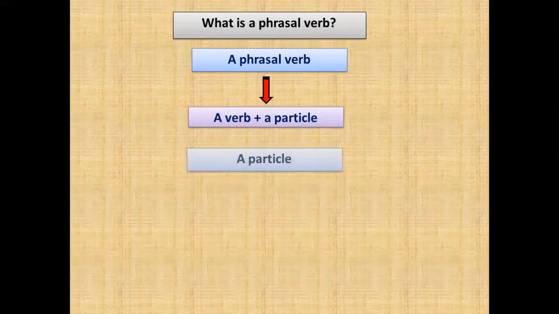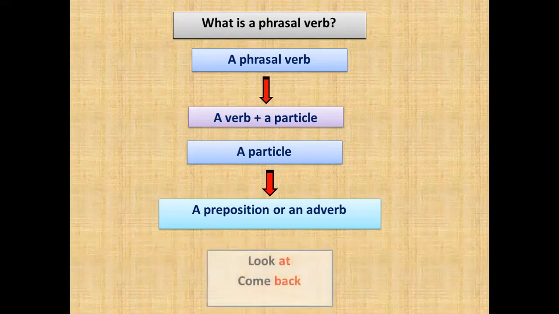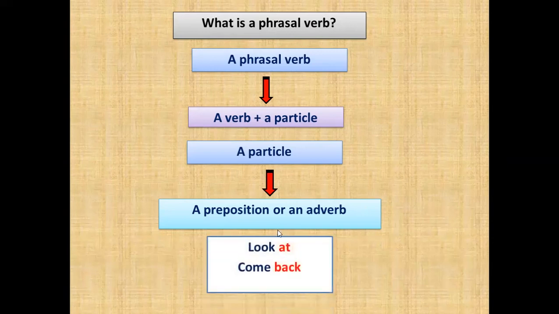But what is a particle? A particle may be a preposition or an adverb. Again, a phrasal verb is a verb plus a particle, and a particle may be a preposition or an adverb. For example, look at, come back.